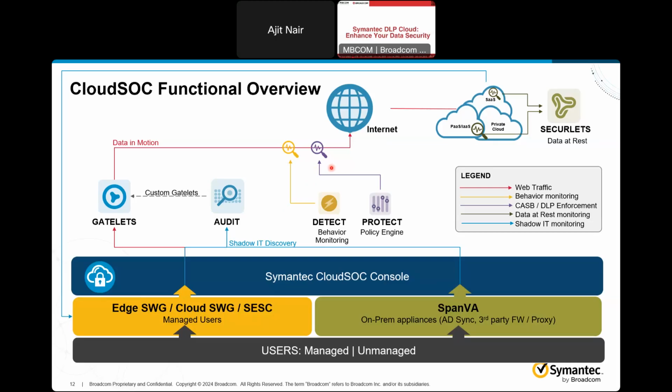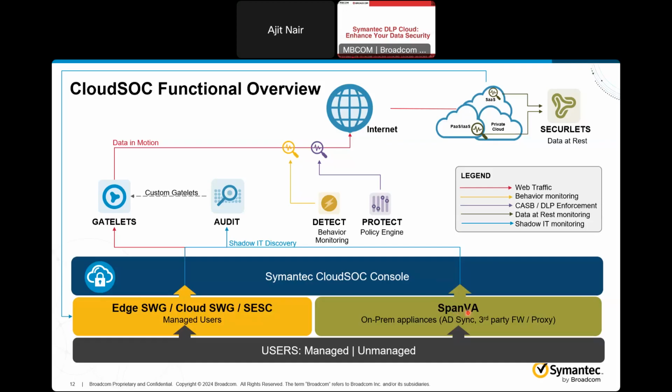For Shadow IT, we have something called the Audit module, which performs the analysis and gives you an audit score that helps you understand whether or not an application is safe to use. Another method, on the bottom right over here, for obtaining network traffic logs is by leveraging a Span VA, which is a virtual appliance.